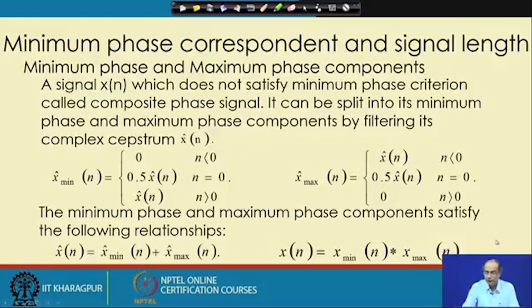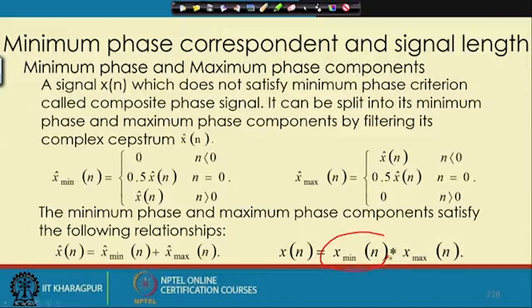And if we look at the time domain signal, if we go back, we see the corresponding parts: from x hat min we can get x min in the time domain, and from x hat max we can get x max, that is the maximum phase component, and the previous one is the minimum phase component.